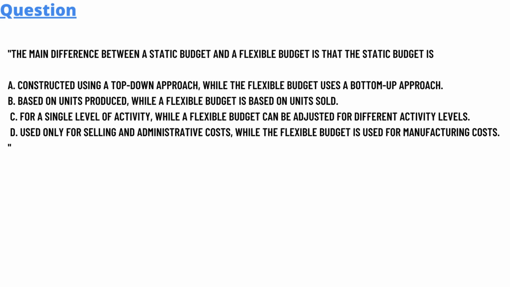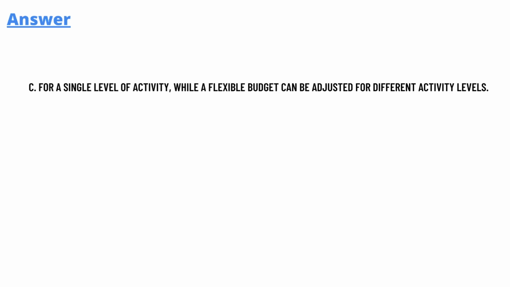Option C, for a single level of activity while a flexible budget can be adjusted for a different activity level. Option D, used only for selling administrative cost while the flexible budget is used for manufacturing costs. The correct answer of the question is option C, for a single level of activity while a flexible budget can be adjusted for a different activity level.